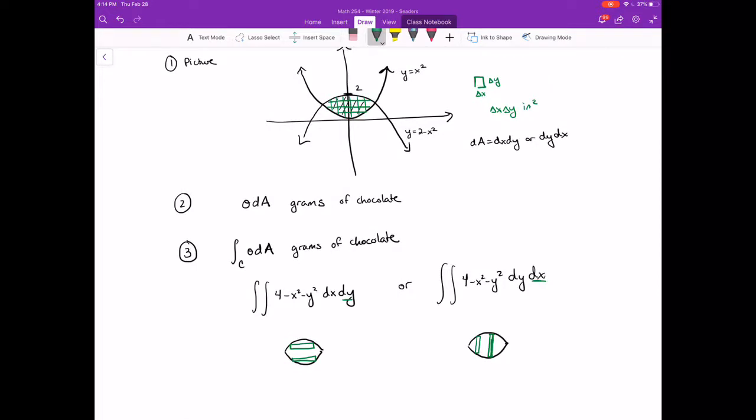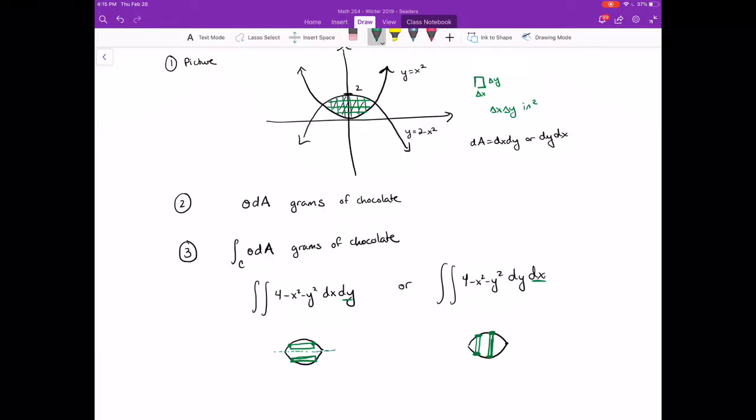Notice that for the dy dx, where my y starts and where it ends is on a bottom curve and an upper curve. But for dx dy, where my x starts and where it ends depends on which y value I'm at.